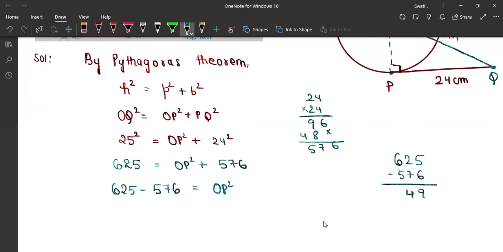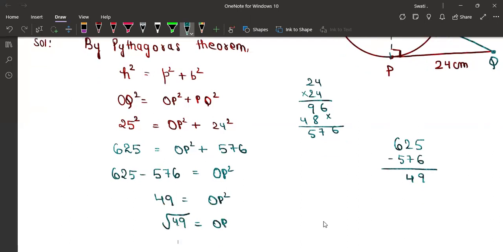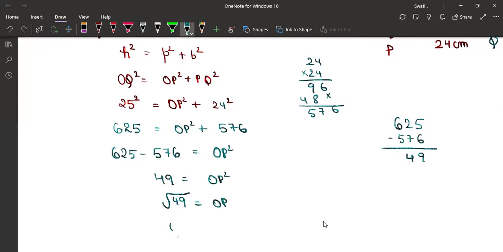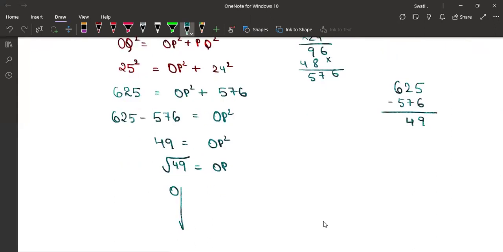And then this is 0 only. So what answer have you got? 49. So 49 is equal to OP square. So what will be OP, Manya? Will it not be square root of 49? Now tell me, what is square root of 49? Which number will you multiply twice so that your answer would be 49?